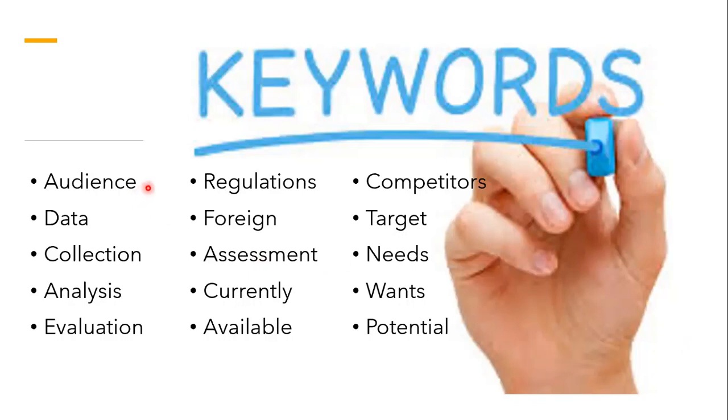Audience. What is the audience in a market research? It's your public. It's your group of people. Like when you go to the theater, you have people watching the play. These people clap after the play. They are watching, they are enjoying. These people are the audience, the public. In this case, again, audience is the group of people.